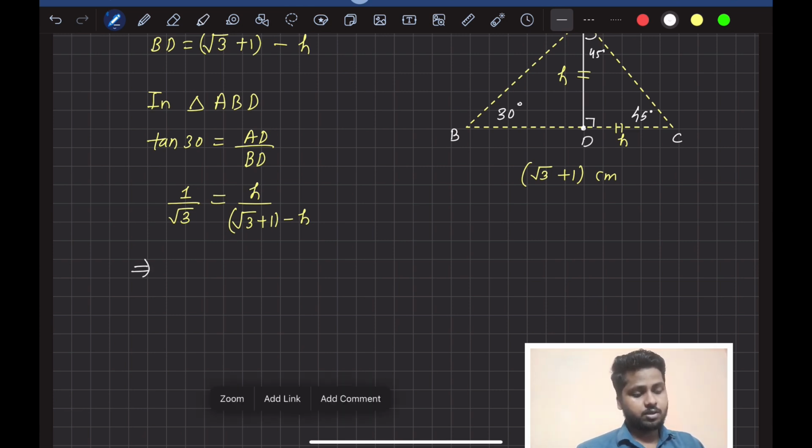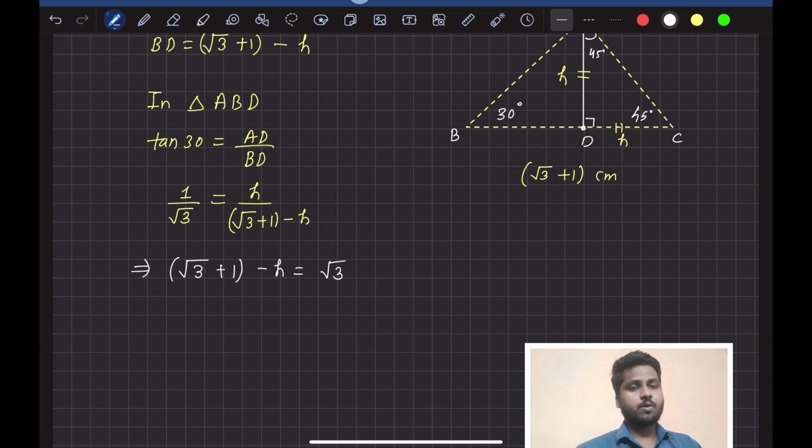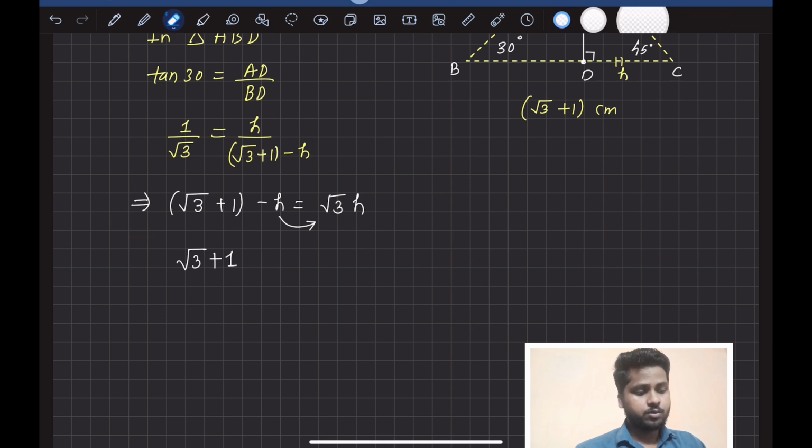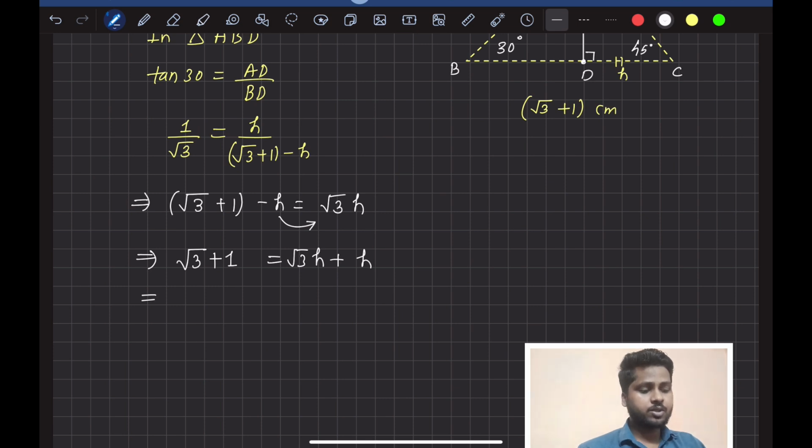Now what I will do is cross multiply this equality. So we get root 3 plus 1 minus H is equal to root 3 H. Okay, and then this H goes to the other side, so we get root 3 plus 1 is equal to root 3 H plus H. Now H is common, then what we get, students?